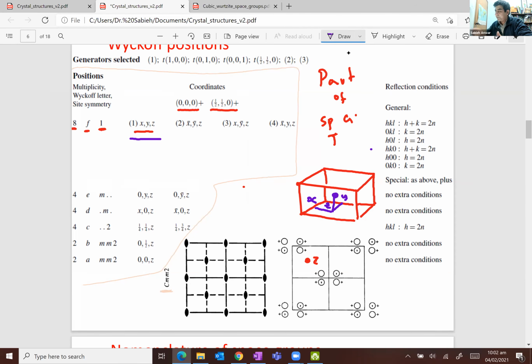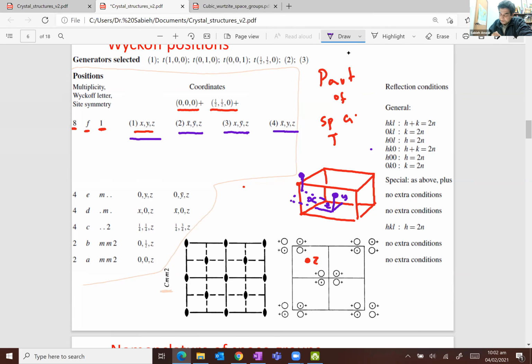Then invariably, if the structure belongs to this space group, there should also be a corresponding atom at this location, x bar, y bar, and z, which means at the neighboring unit cell height z. Okay. There should also be an atom at this location and an atom at this location.